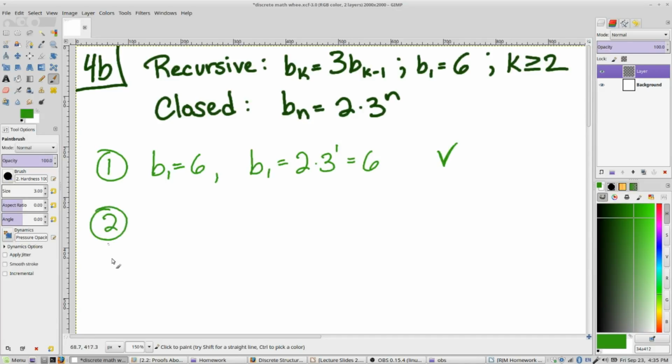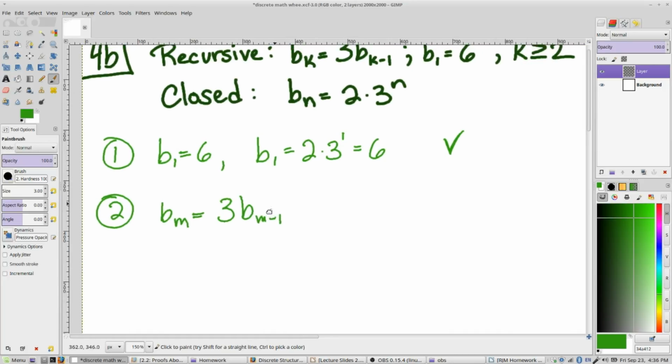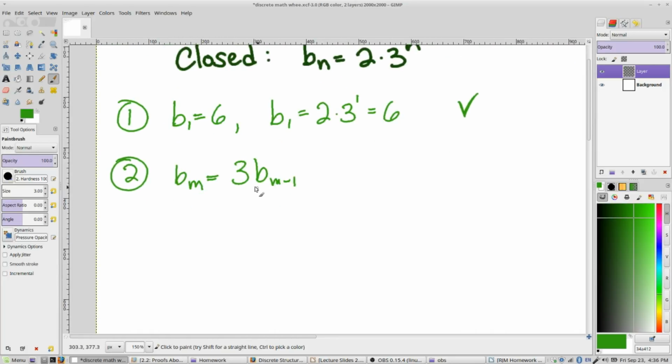So number 2, we're going to figure out what this is for m. So b sub m is equal to 3b sub m minus 1. But we can't figure this out on our own, so we have to use the closed formula to figure out what b sub m minus 1 is. So that would be part 3.